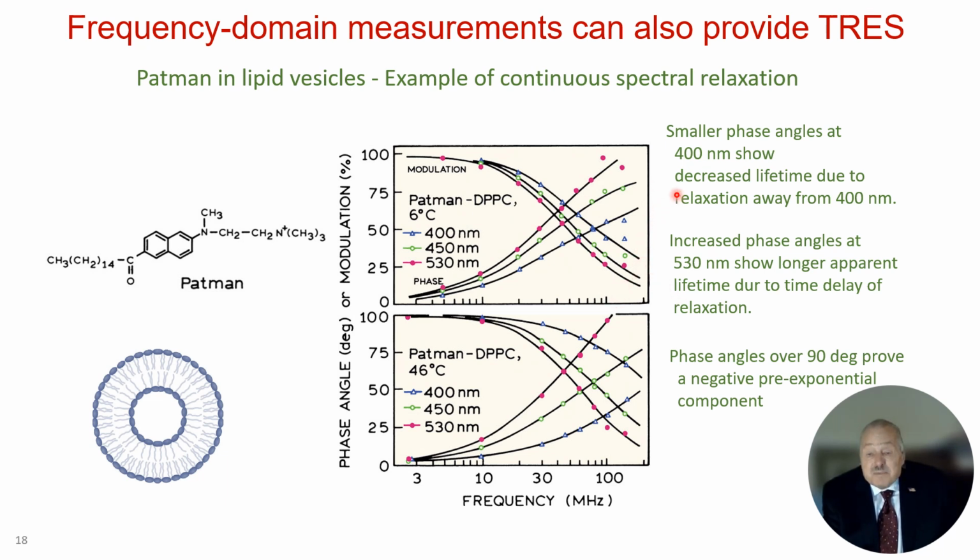In this particular case, the phase angles exceed 90 degrees, and that's an important observation because that can only happen if there's a negative pre-exponential in the decay. So phase angles above 90 degrees prove that spectral relaxation is occurring during the lifetime of the excited state.